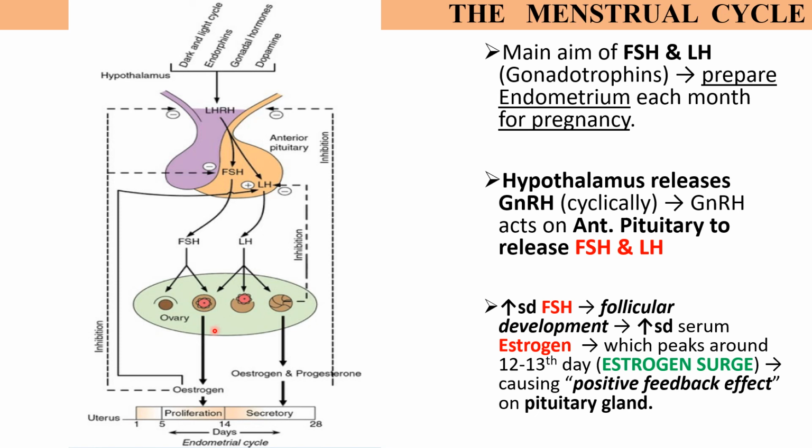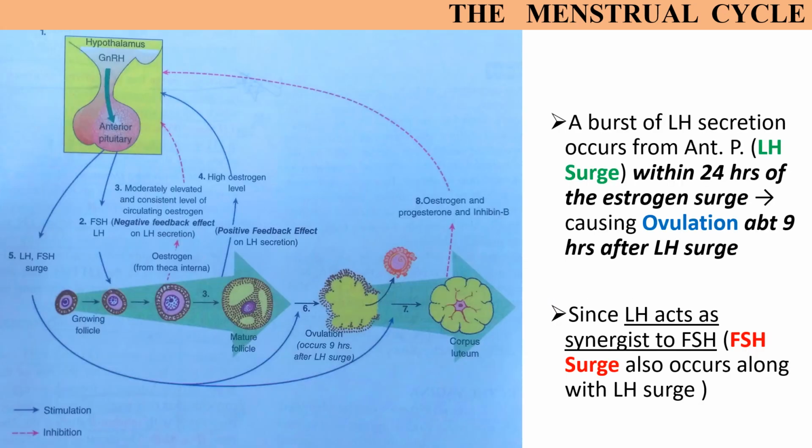This is a positive feedback effect of estrogen that acts on the pituitary gland and causes it to release more luteinizing hormone. Ultimately, the LH surge occurs at the 14th day of the menstrual cycle and causes ovulation.